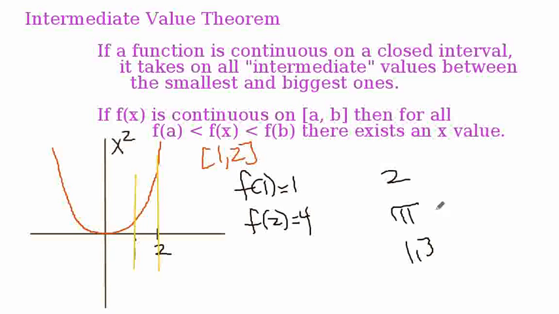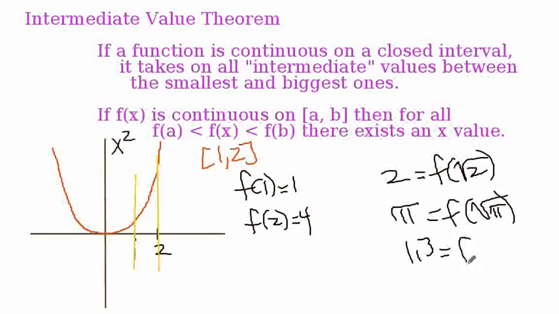For example, for 2, that's equal to f of root 2. For pi, that's equal to f of root pi. For 1.3, that's equal to f of the square root of 1.3. You see how I can always supply an x value to give you whatever you ask for?